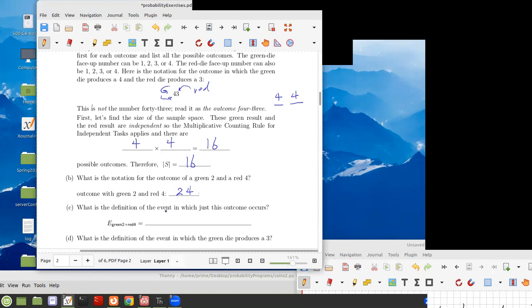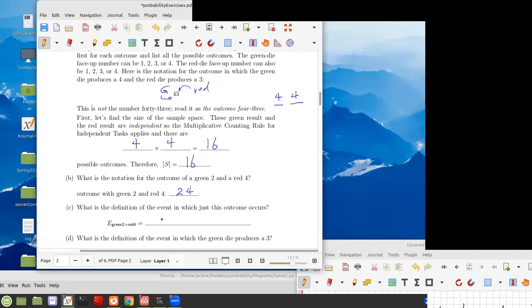Okay, what's the definition of the event in which just this outcome occurs? What should I write here? Anyone have any ideas?